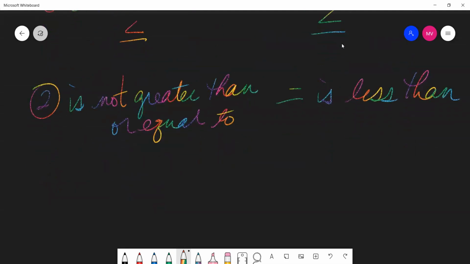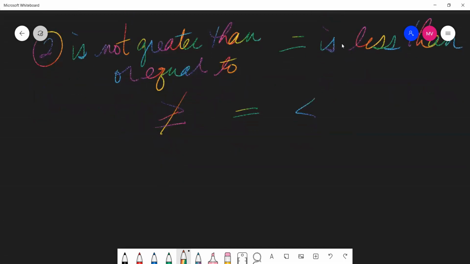"Is not greater than or equal to," has that line through it, it's negated, is the same thing as less than. Those mean the same thing. So recognizing that is going to be very important. And the reason this is on here is because we have it on our quiz too. We need to be able to interpret these phrases and what they mean in terms of inequalities.